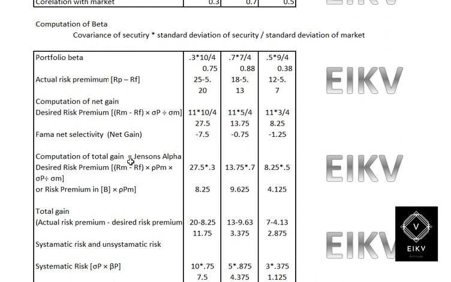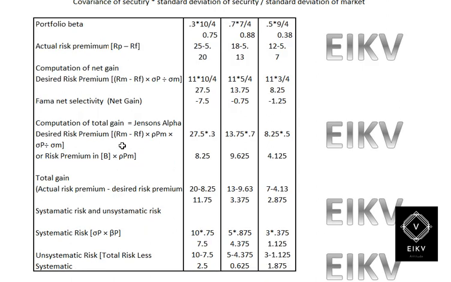Now the computation of Jensen's alpha. So computation of desired premium using Jensen's alpha method. The desired premium would be RM minus RF into standard deviation of security divided by standard deviation of market into correlation.